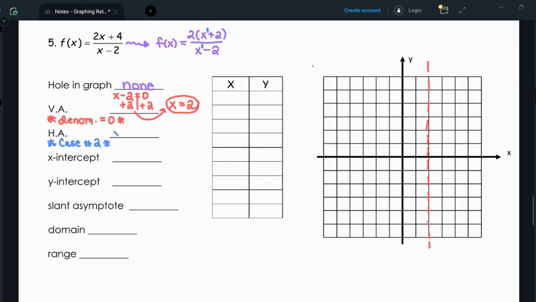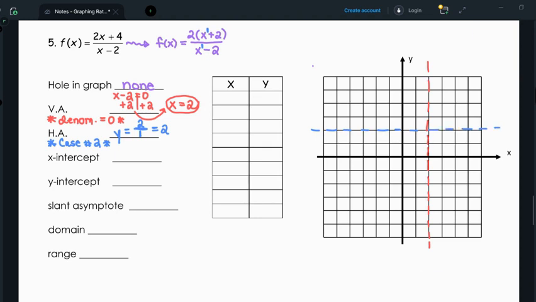That means the coefficient up top is 2, as you see out in front of my parentheses, out in front of that x in our non-simplified one. And the coefficient on my x term in the denominator is 1. 2 divided by 1 comes out to be 2. So that's where my horizontal asymptote dotted line will be to help me guide this graph.